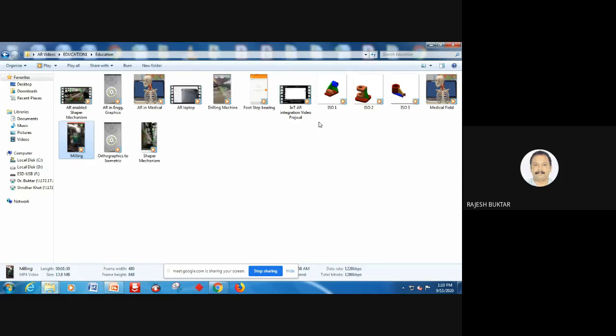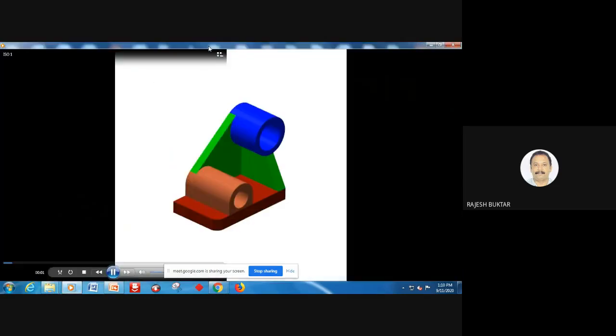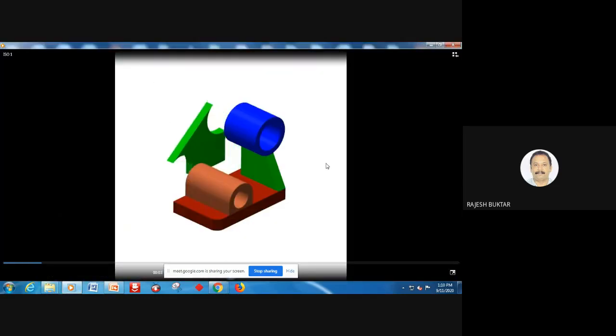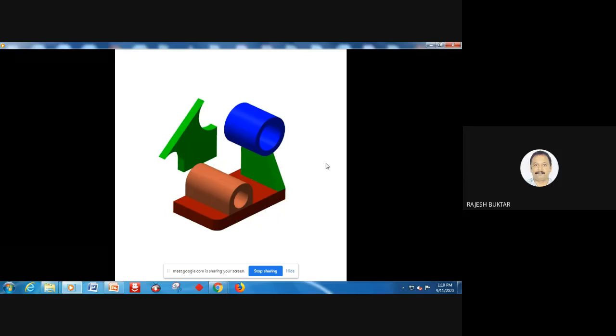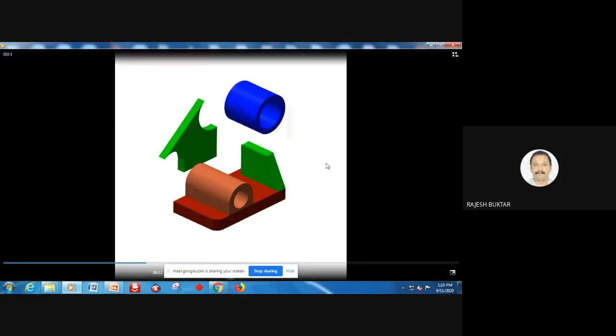Here I am showing another experience which you built. So you can see the exploded view can also be shown in augmented reality. When you scan, you can see the 3D model, and then these animation sequences, which I told you are built in Illustrate software.